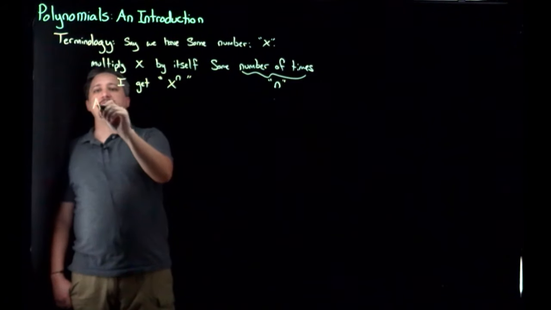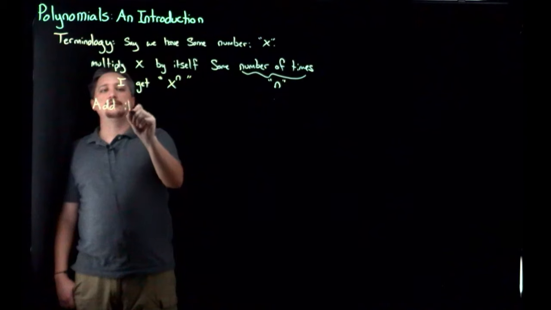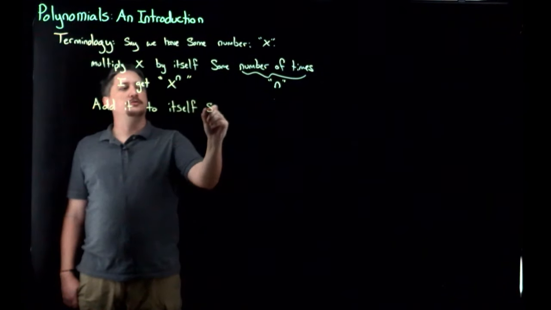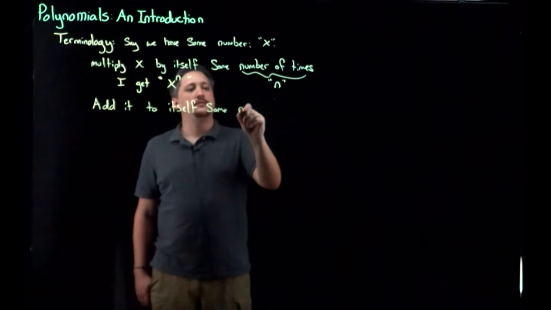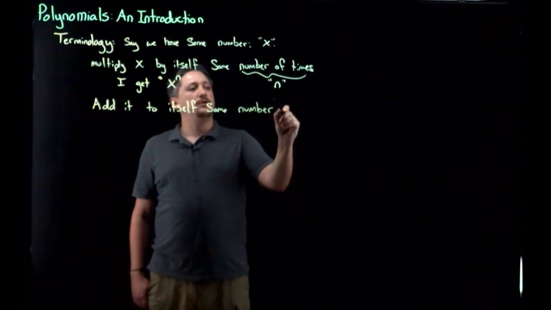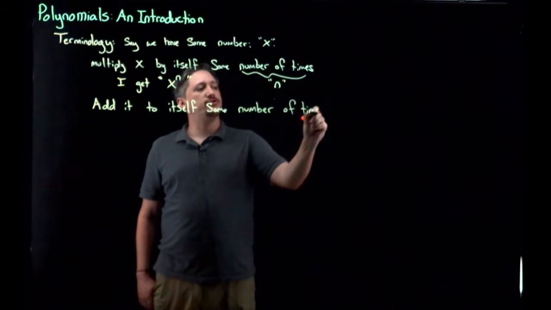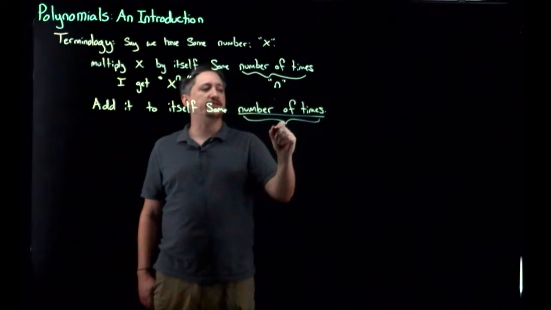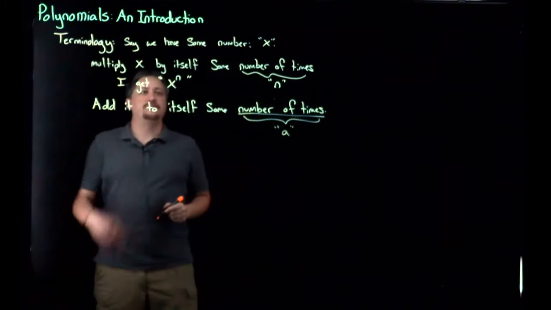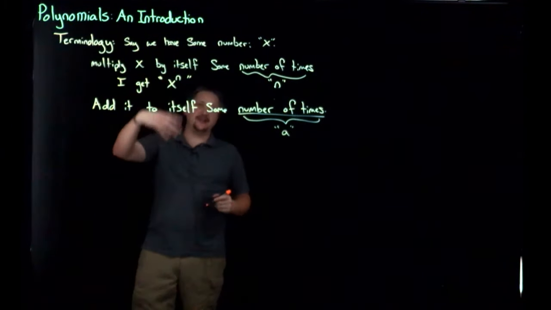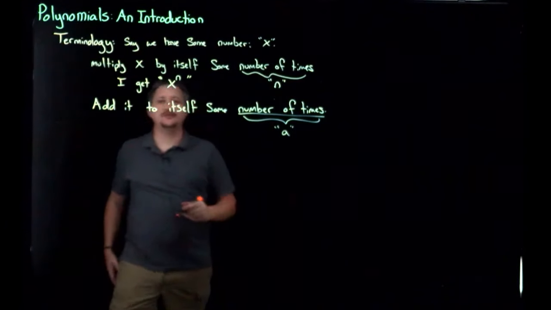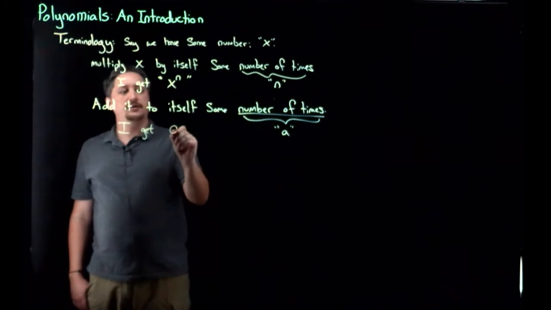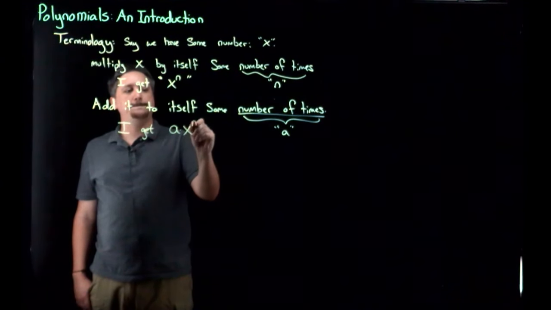And then take that, add it to itself some number of times, right? Generalized counting, where again, some number of times, I'll give this a name, so I'm going to call this some a. So if I add x to the n plus x to the n plus x to the n, etc., a times, I get a times x to the n.